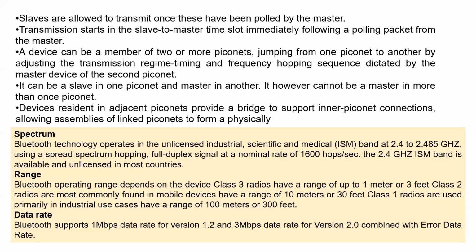Now, here what you can observe is that slaves are allowed to transmit once, and they have been polled by the master. Each slave is polled by the master. The master is going to see whether this slave has data, this slave has data. If it has data, then it will accept it and send some data back to it. So this transmission starts in the slave to master time slot immediately.